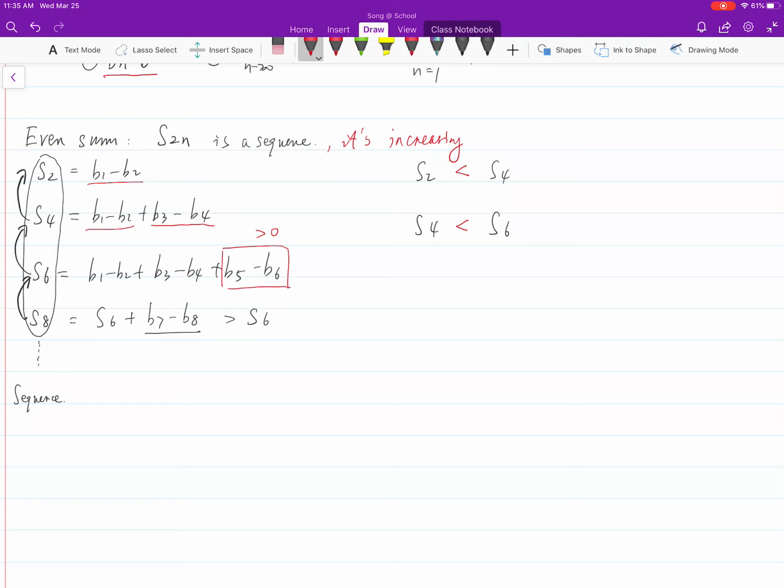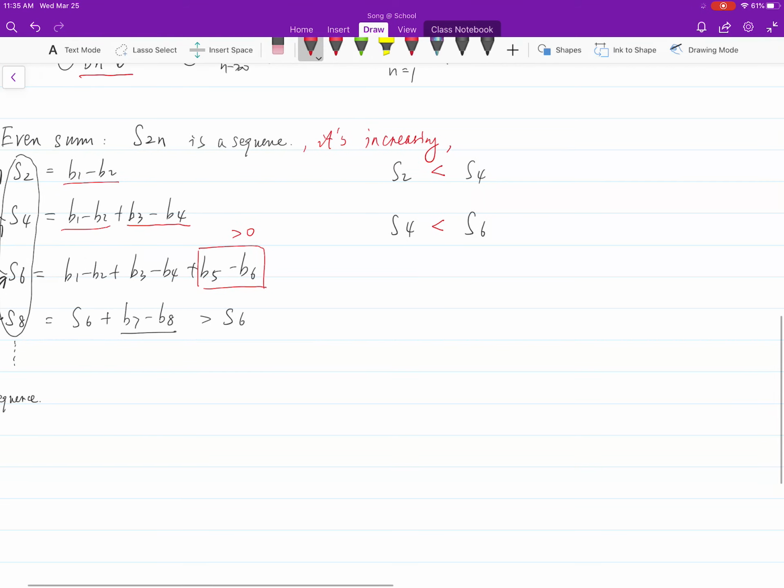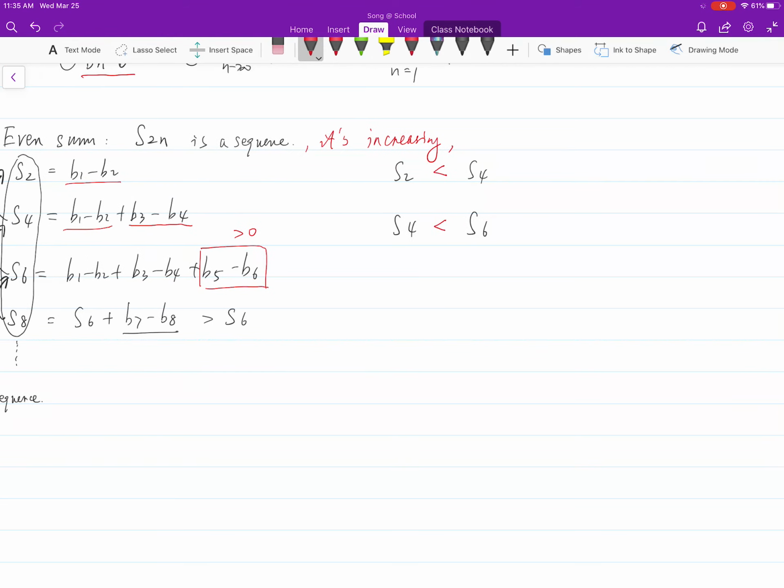We want to show this sequence is convergent, because if it converges, the even sums will be convergent. That's exactly what we want, right? We want the sum to be convergent. So you have a sequence. It's increasing. To show it's convergent, you just need one more thing. Do you recall what that thing is? This is called the monotonic convergence theorem. You just need to show S2n is less than or equal to a number.